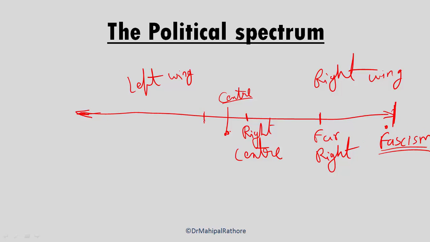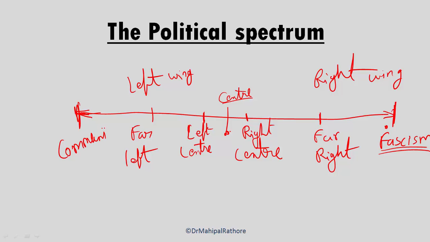Then here we have center left or left center. Any party that is leaning a little bit left from the center position is called left center. Then there is far left. And finally here there is communism, the ideal form of communism.